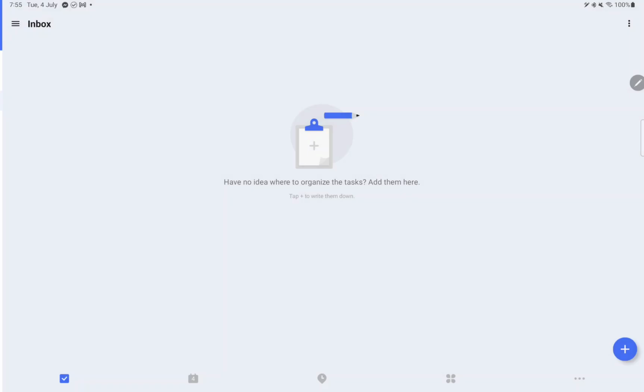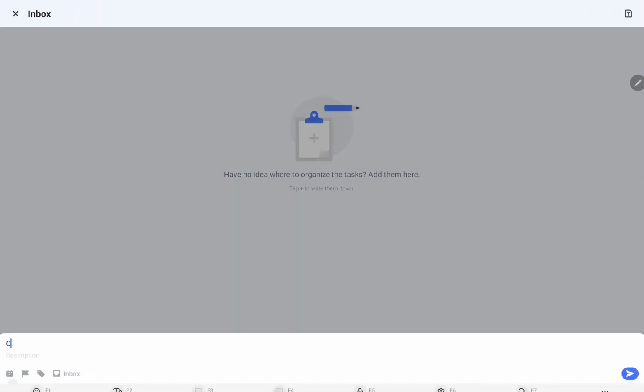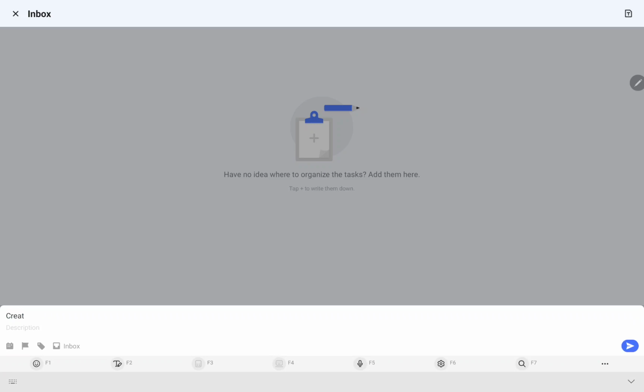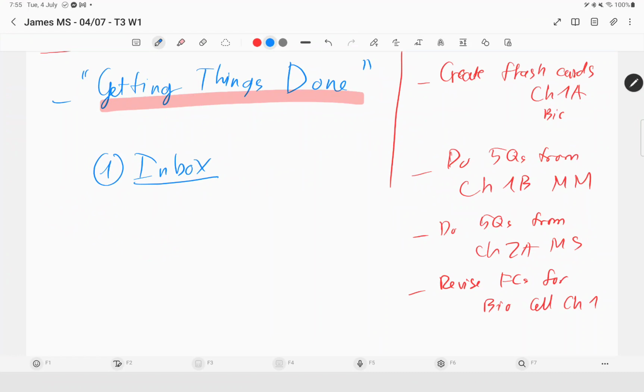Right? And then there's an inbox where if there's anything that I just remember, for example, after Saturday, I put in a task for myself, prepare a welcome pack for James. So I put that into the inbox. I just pause and then go type, create welcome pack for James, and add that in here. So the idea of the inbox is that's just where you chuck all of the tasks that are not sorted.